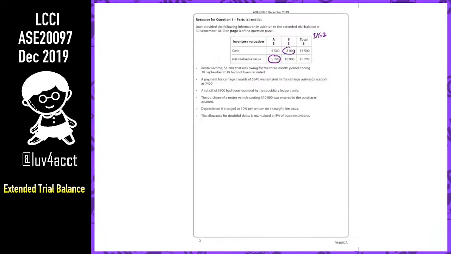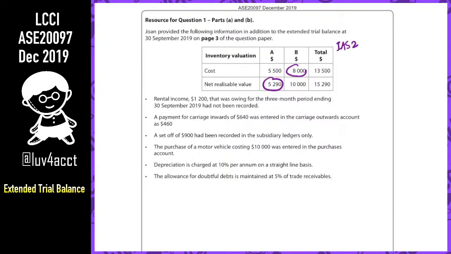Okay, next. I will follow the order of the points given and update the extended trial balance. And for requirement part A2, we will do it when the information is there. We have to wait until the last item. So after item 1, the inventory, we go on with the other items.